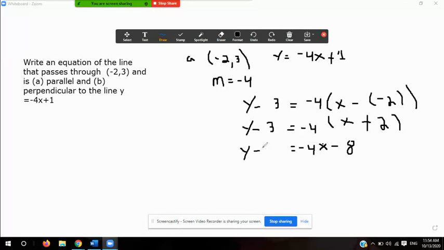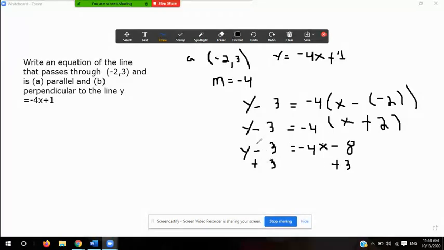So what's going to happen now, guys, is you're simply going to solve for y. So you're going to add 3 here. And you're going to add 3 on this side. And this is going to cancel out on this side.